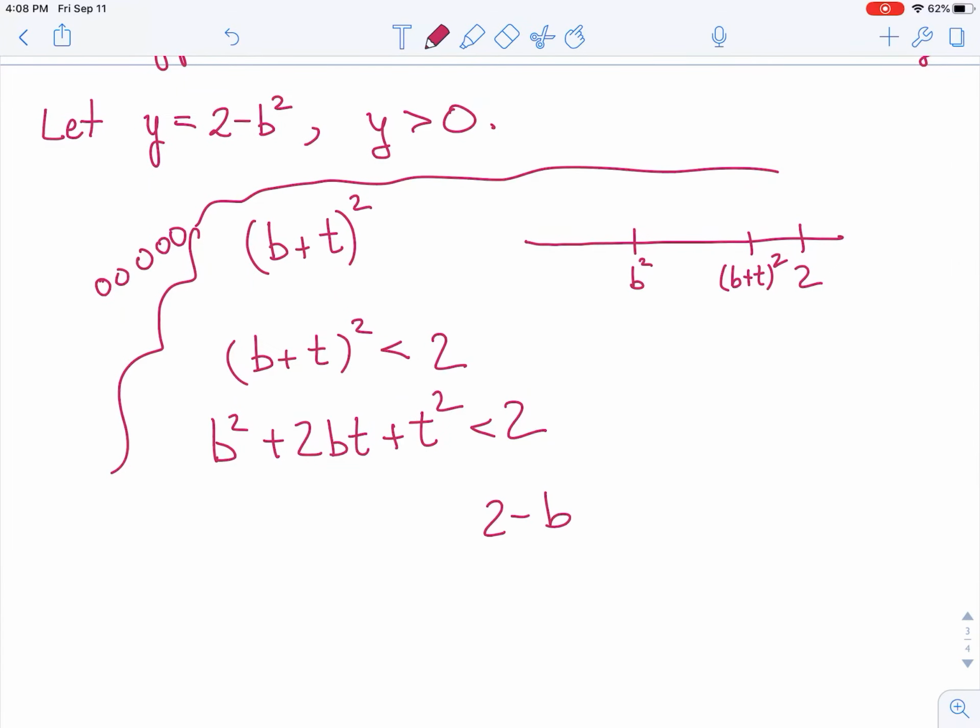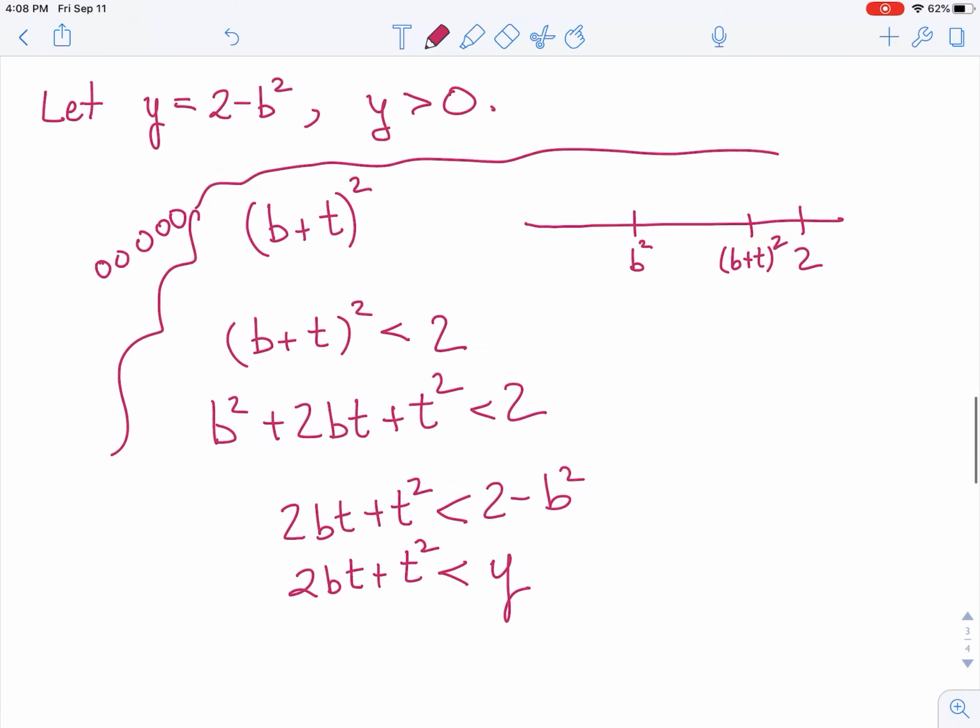So let's put 2 minus b squared, and then we have 2bt plus t squared. I just rearranged some stuff. And oh my gosh, this thing here, 2 minus b squared, was y. And so this is going to be true as long as I can make 2bt plus t squared smaller than y. Interesting.